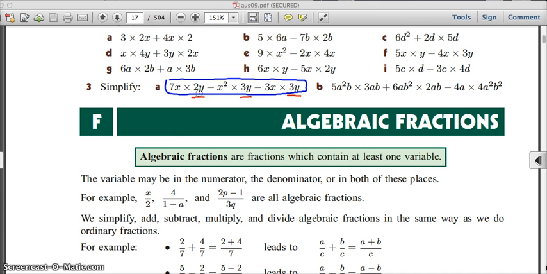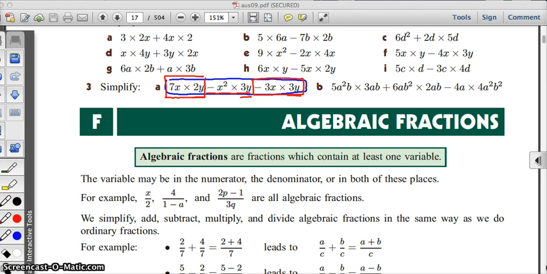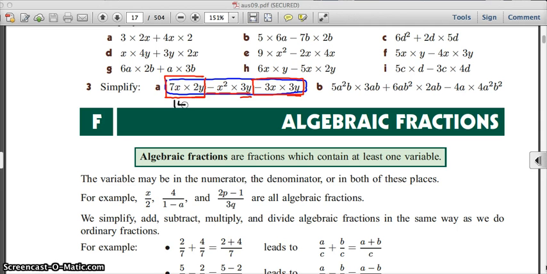I think the way they're trying for us to look at doing this is to say, let's take that. Then let's take all of that, and then let's take that. So if we were to look at that, we would say 7 multiplied by 2 is 14, and x times y is that.